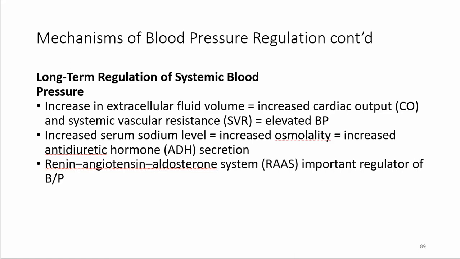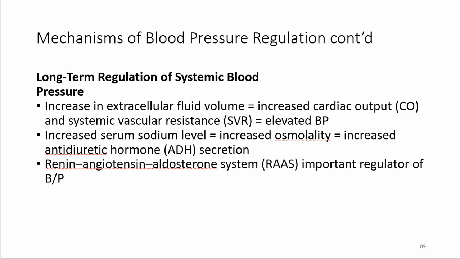That increase in the amount of sodium will increase the osmolarity, which will then cause the pituitary to release antidiuretic hormone, open the aquaporin 2s in the distal convoluted tubules, and increase the amount of water that comes back, and therefore increase the volume and increase the blood pressure that way. And angiotensin 2 also is a potent vasoconstrictor, and by vasoconstricting, it will increase blood pressure. So this is very useful at raising blood pressure.